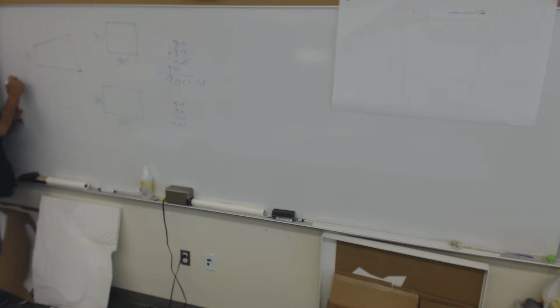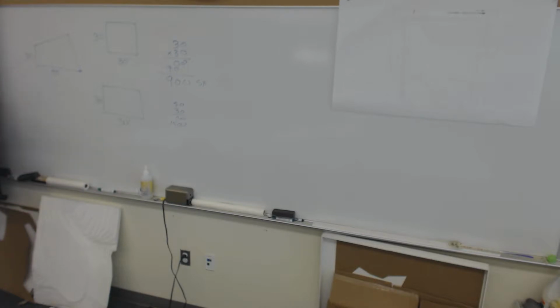Let's say that this is 30 feet, and this is 55 feet. How do I know how big that is? You have to do the triangle, and then find the area of a triangle.